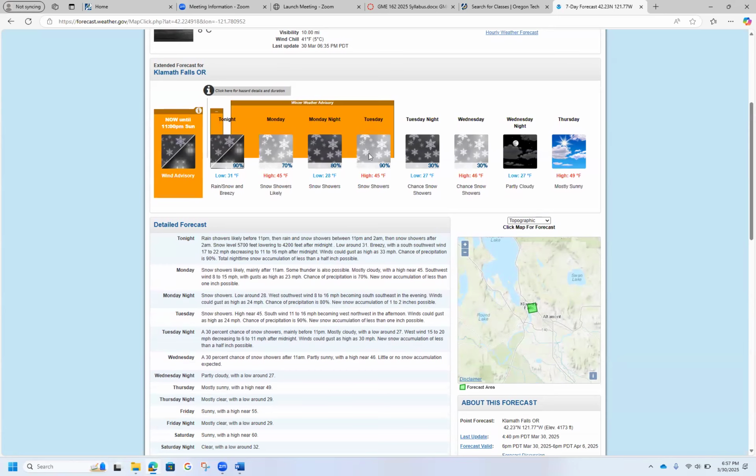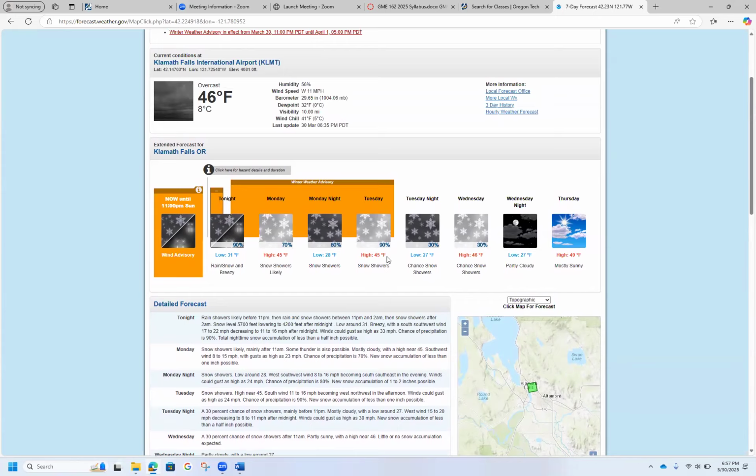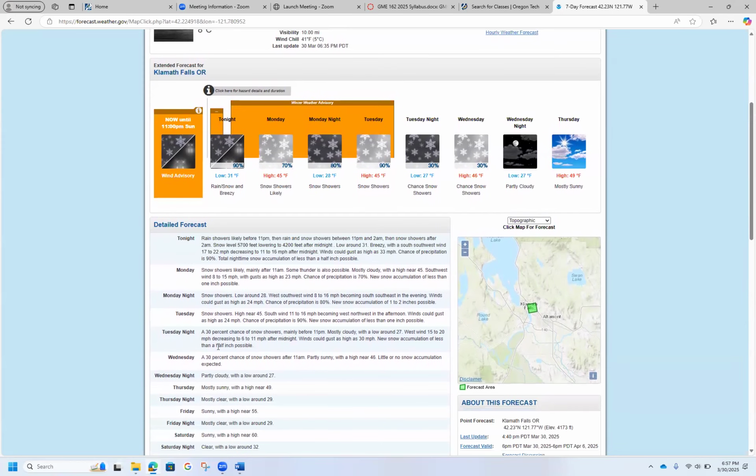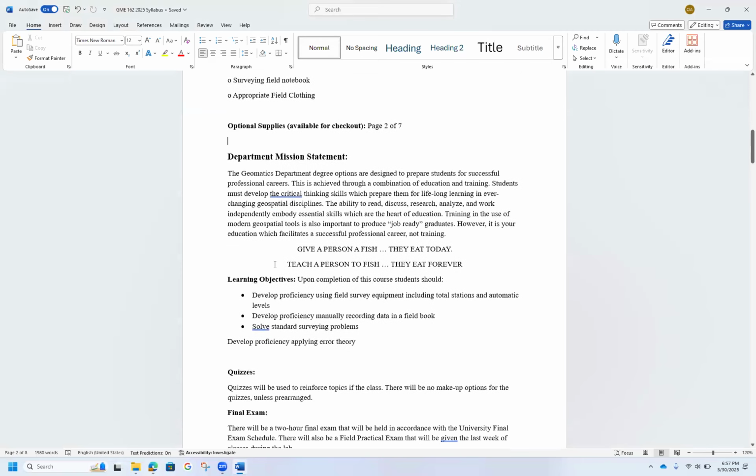As you can see, we're going to have a high of 45 and a 90% chance of snow that day. It says less than half an inch, so that's great, but it's still going to be wet out there. Then Thursday it's going to be partly cloudy, but only a high of 49. And that high of 45 isn't until 1, 2, or 3 o'clock in the afternoon. You guys are going to be out there at 8, 9, 10, 11 in the morning. So again, make sure you are wearing the appropriate clothing for the field.